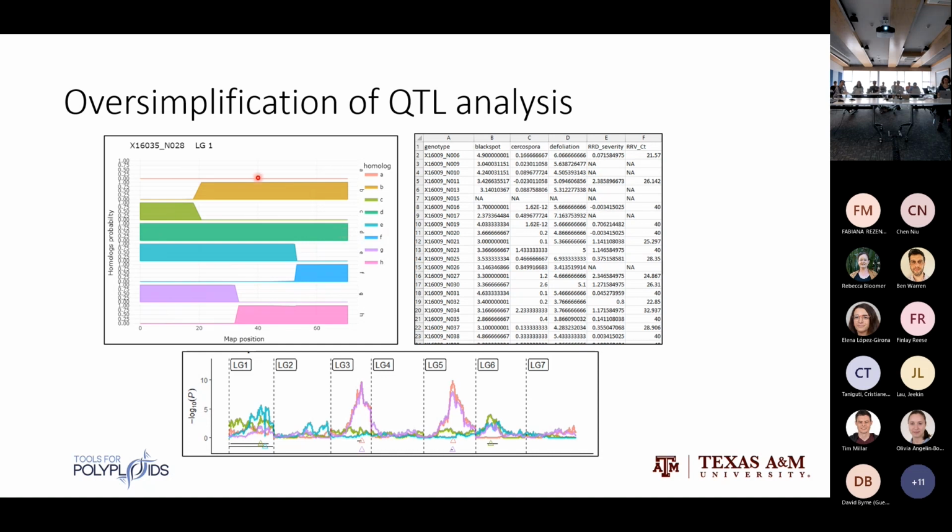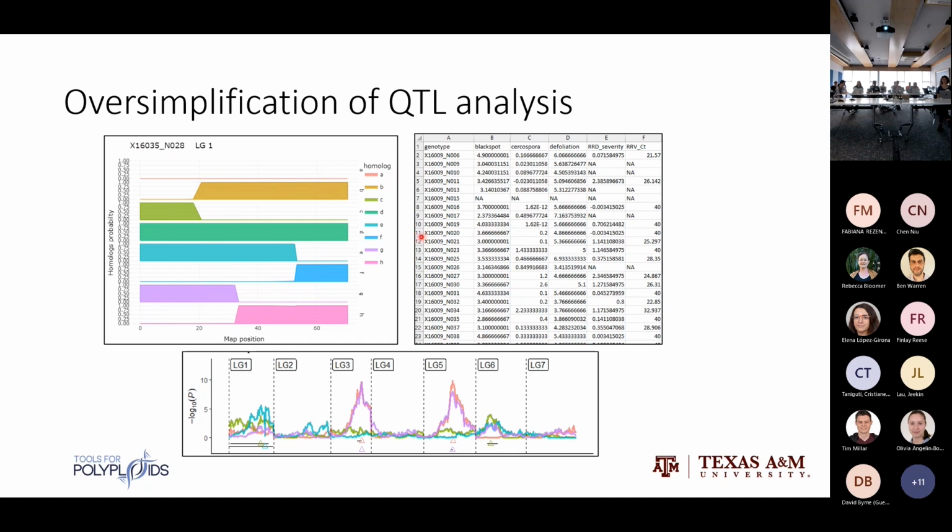Then you're going to add information. Basically, this is a big data frame just visualized. The big data frame has every individual, every linkage group, every map position, and every homolog. So if you think of that, it's a huge data frame.